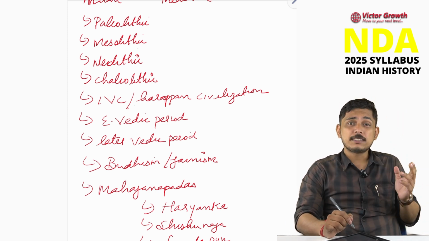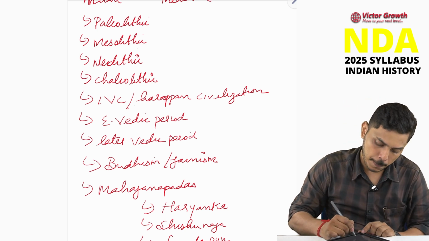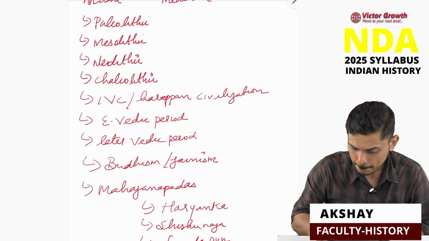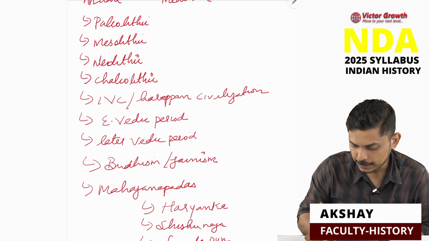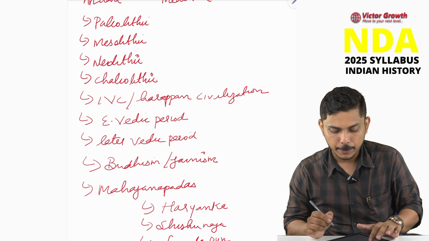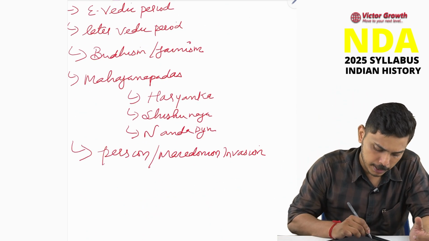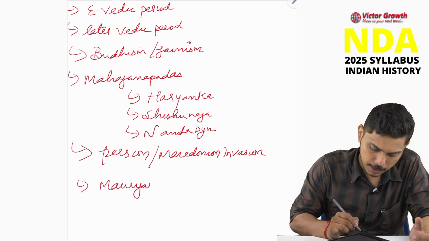After this, we can see some invasions, that is the Persian invasion and Macedonian invasion. We can see Alexander during this period, during the period of the Nanda dynasty. Then the important dynasty of the ancient period, that is the Mauryas.